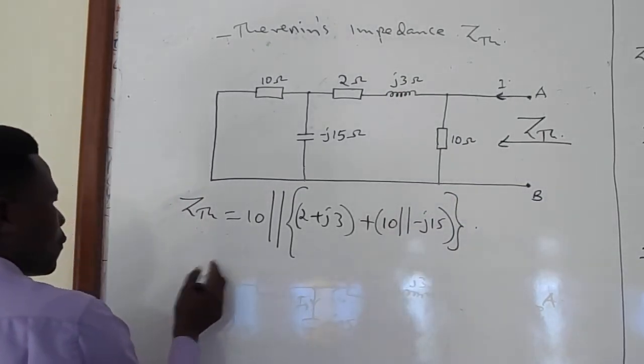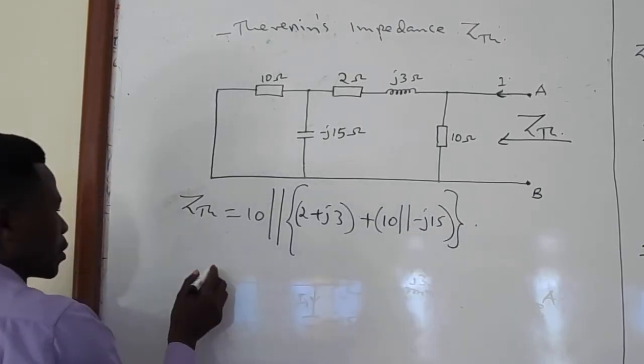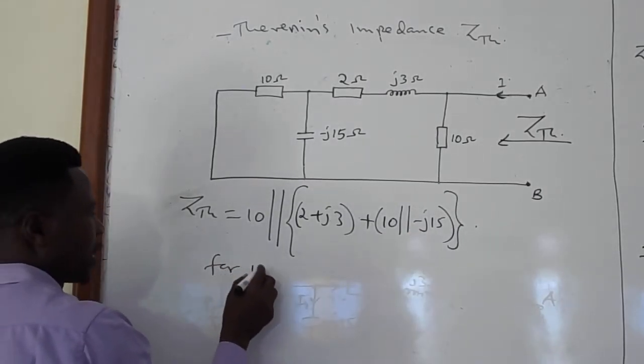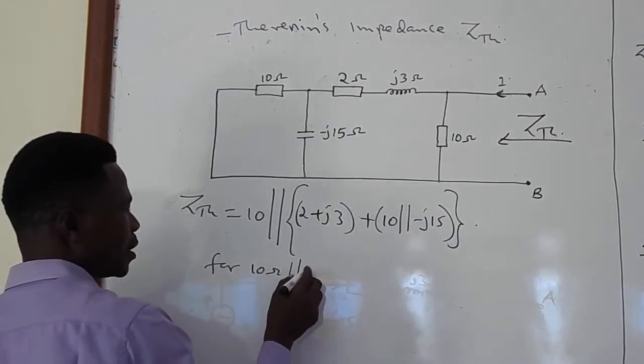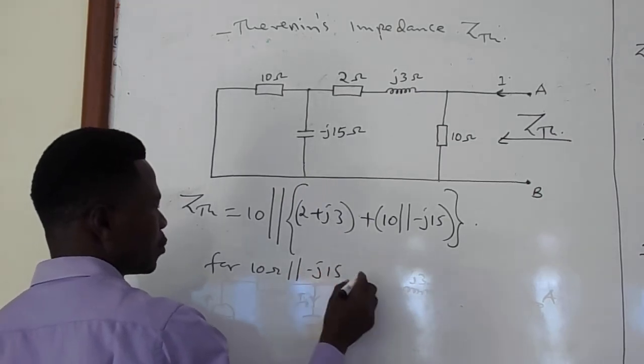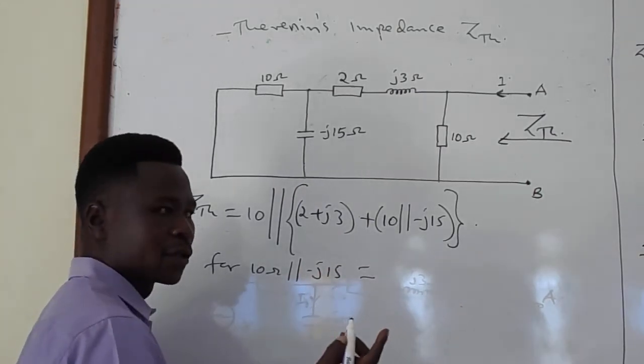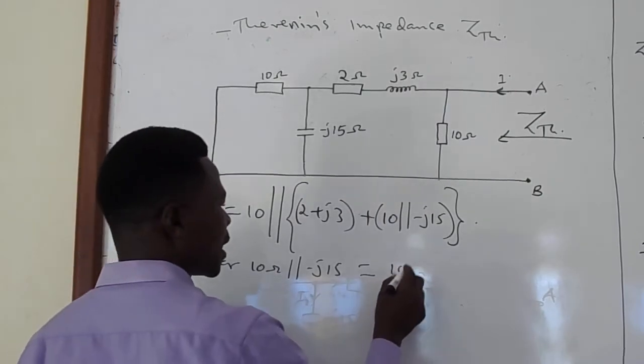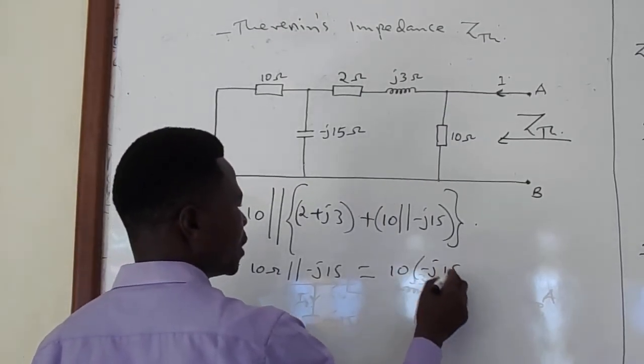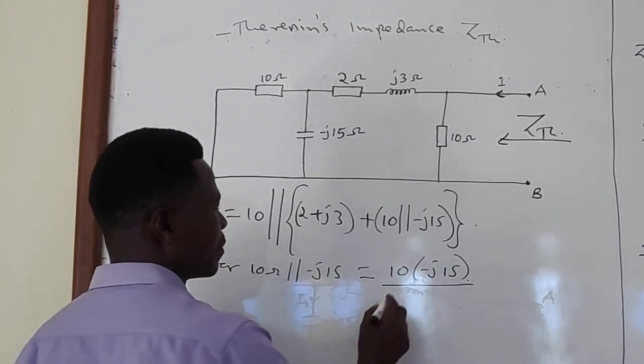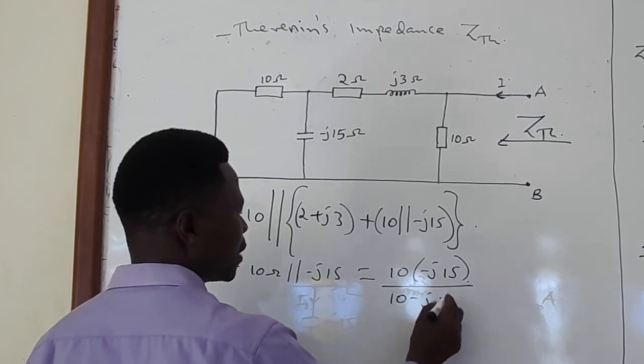So we can start with the inner parallel circuit. For 10 ohms in parallel with negative J15, we get product over sum. That is 10 times negative J15 divided by the sum, which is 10 minus J15.